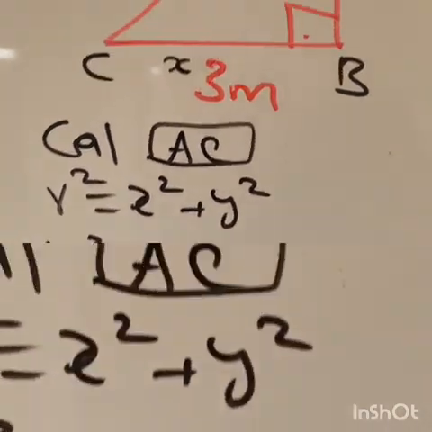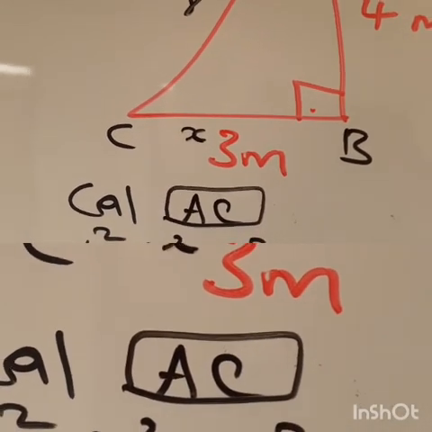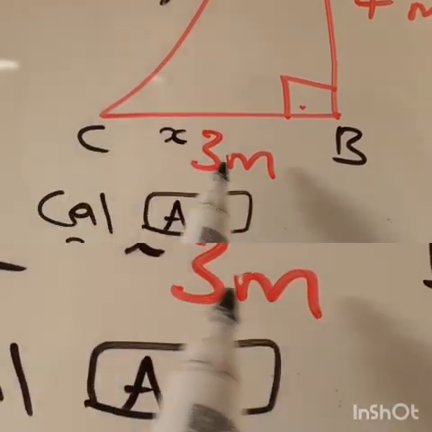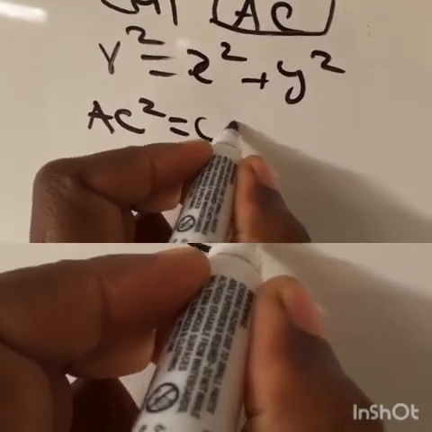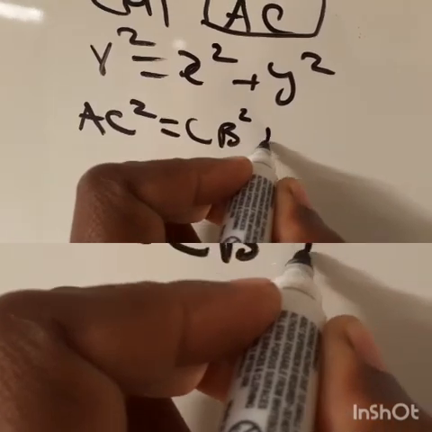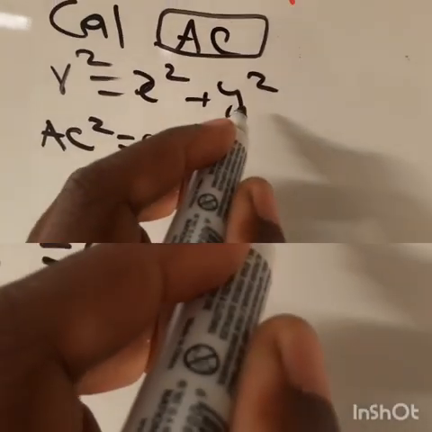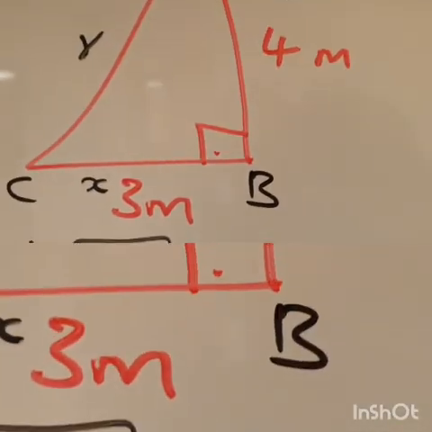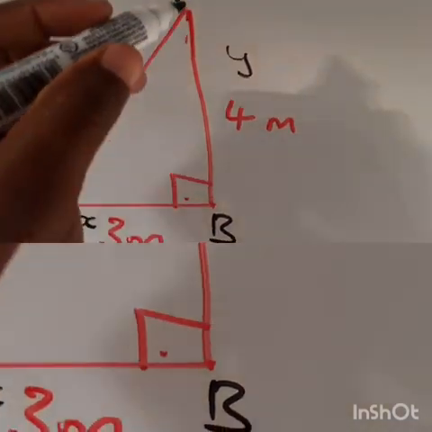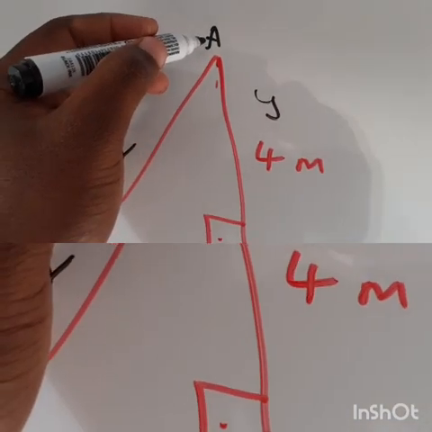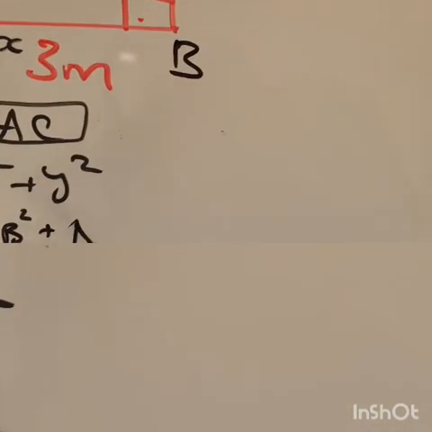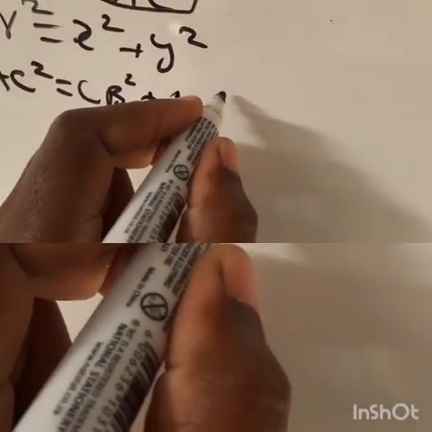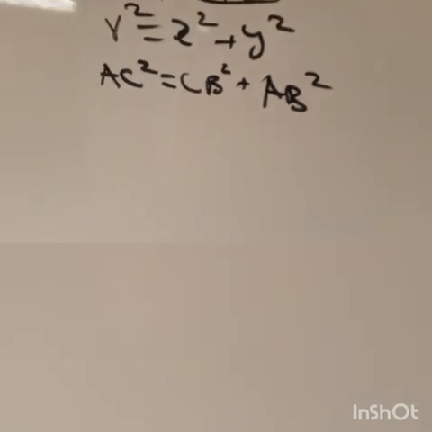And we look at our X. Our X is the line that starts from C to B, so instead of writing the X there, I'm going to put CB squared plus, instead of the Y there, the Y is the line that starts from A to B. Therefore, this would be AB squared. Fine, okay?